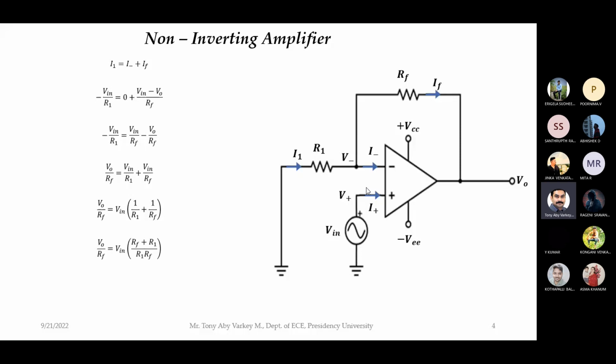VO by RF is equal to V in into RF plus R1 divided by R1 RF. So again, RF gets cancelled. So V output is equal to V in into RF plus R1 by R1. Is it clear? Just LCM and cancelling out the common terms.